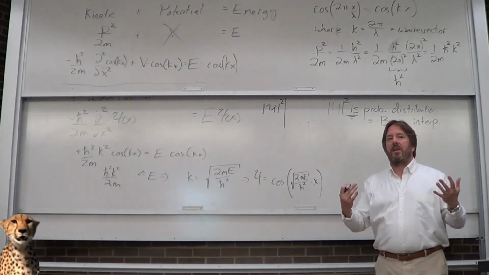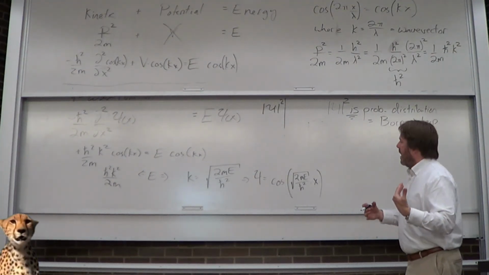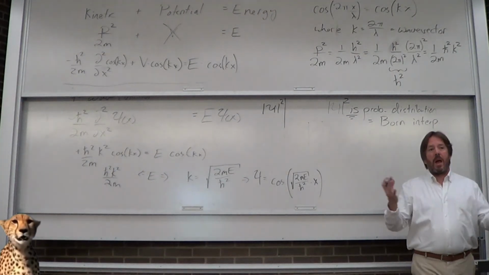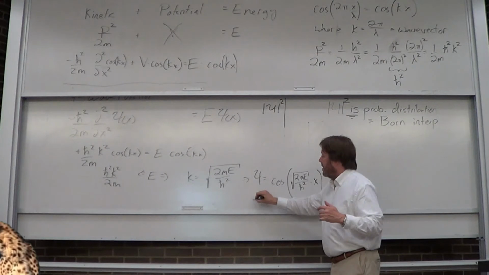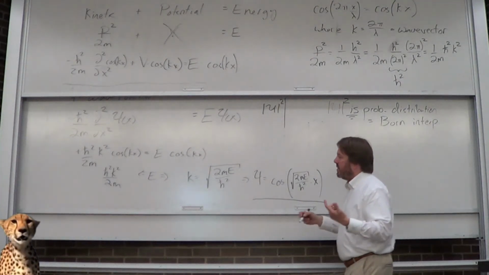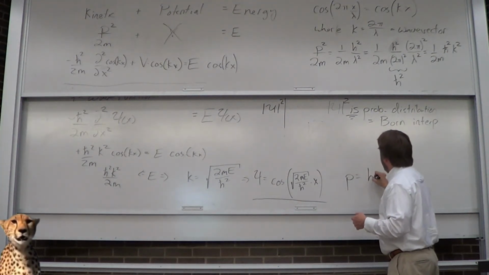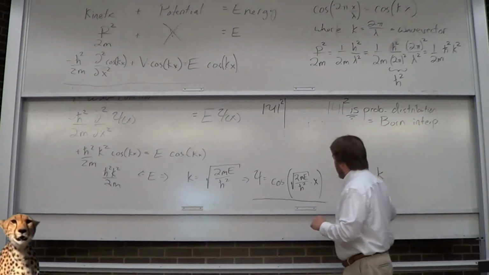I can't think of anything else for which that's true. The other thing you have to tell me is the energy. You have to give it to me. Once you have that information, then I can tell you the wave function. And notice I can also tell you the momentum. It's h bar k. I'll show you how to do that next time.